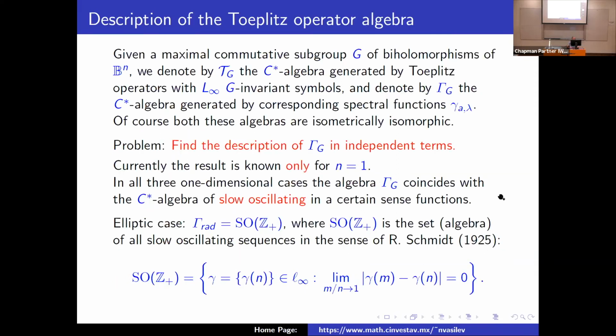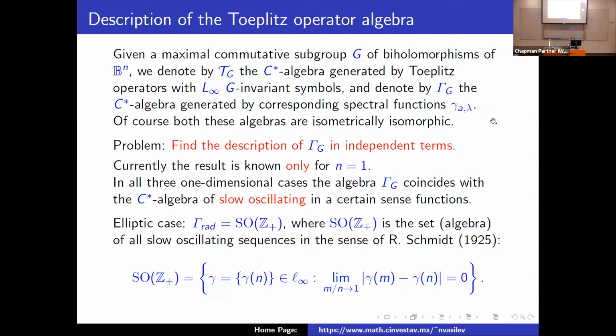An interesting question arises. We have a maximal commutative subgroup G. We have the C*-algebra T_G generated by Toeplitz operators with invariant symbols. We denote by Gamma_G the C*-algebra generated by the corresponding spectral functions. Of course, they are isometrically isomorphic.